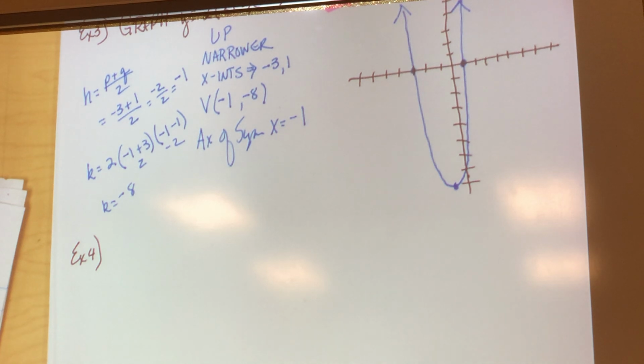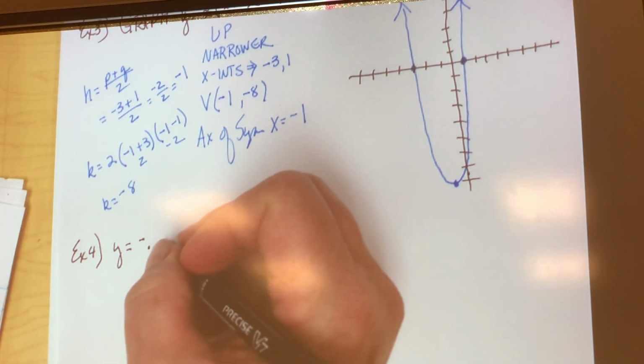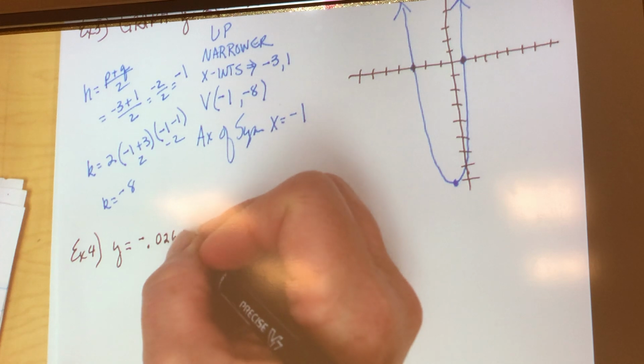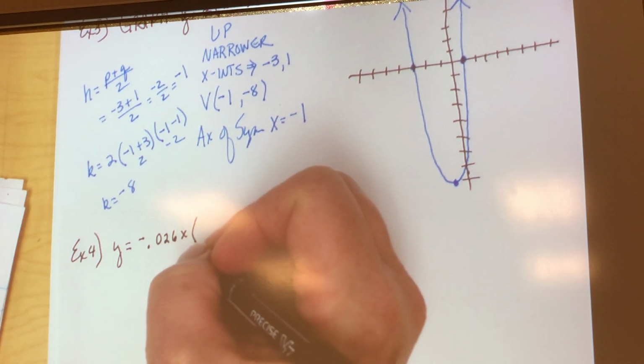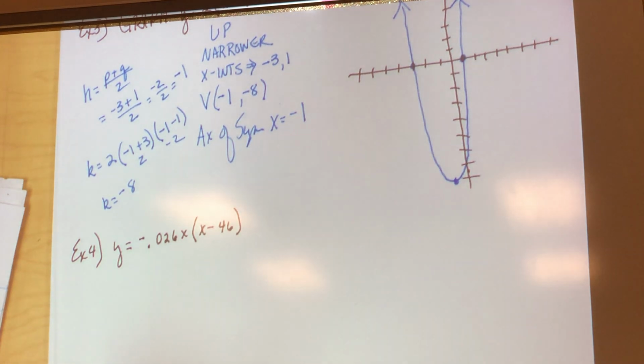Everybody got it? So the path of a place kicked football can be modeled by this function. Y is equal to negative 0.026 x, open parentheses, x minus 46. Are you with me? Okay.